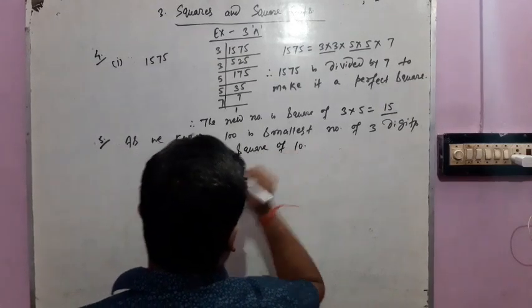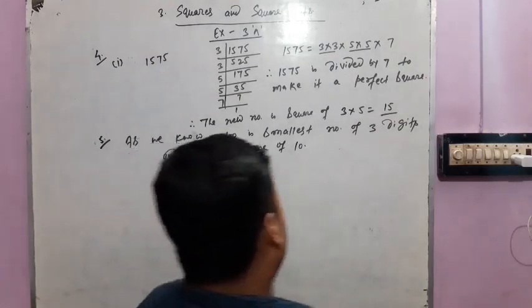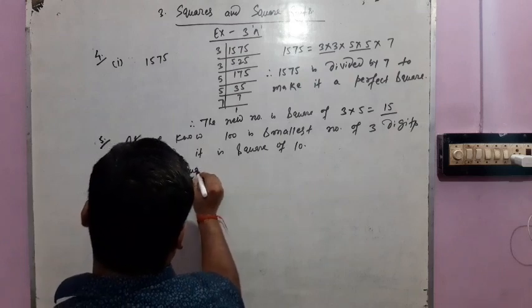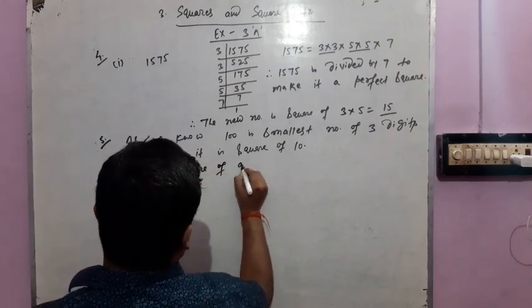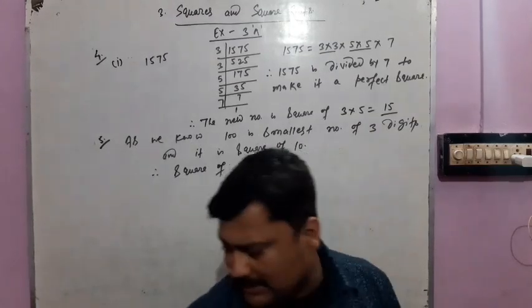So less than 10, which number is possible? Therefore, a square of 9 is equal to what? 81. So what is the question asking?